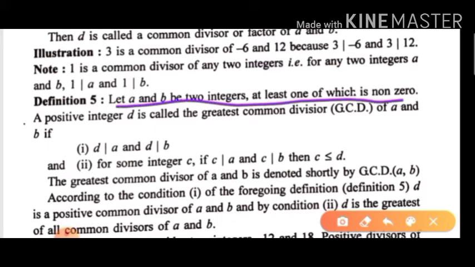Let a and b be two integers and d be any positive integer, then d is said to be the greatest common divisor if d divides a and d divides b.